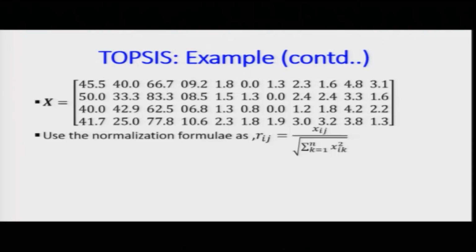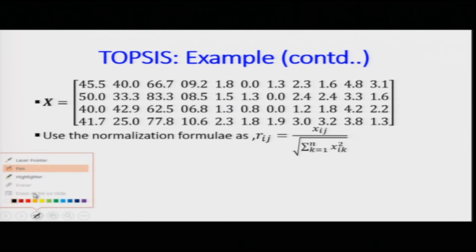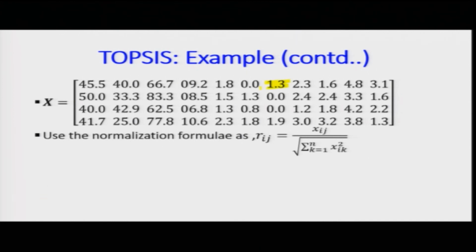The values are 45.5, 40, 66.7, 9.2, 1.8, 0, 1.3, 2.3, 1.6, 4.8 and 3.1, which means that if I take this value of 1.3, it means for the first house the 7th important factor.